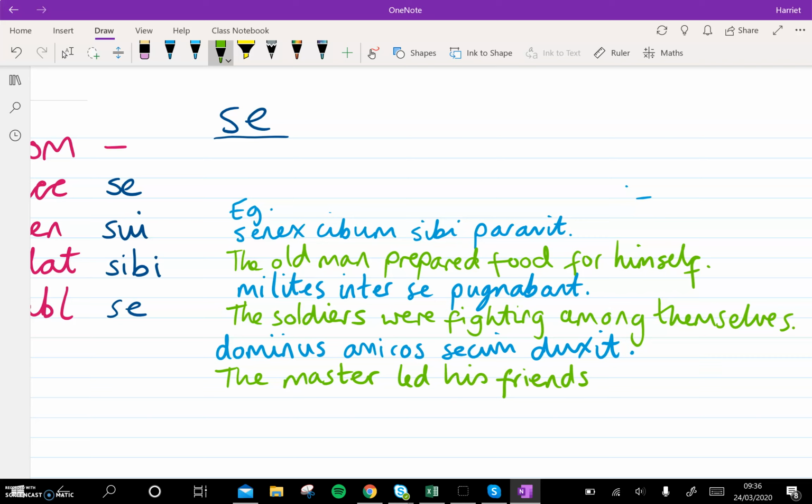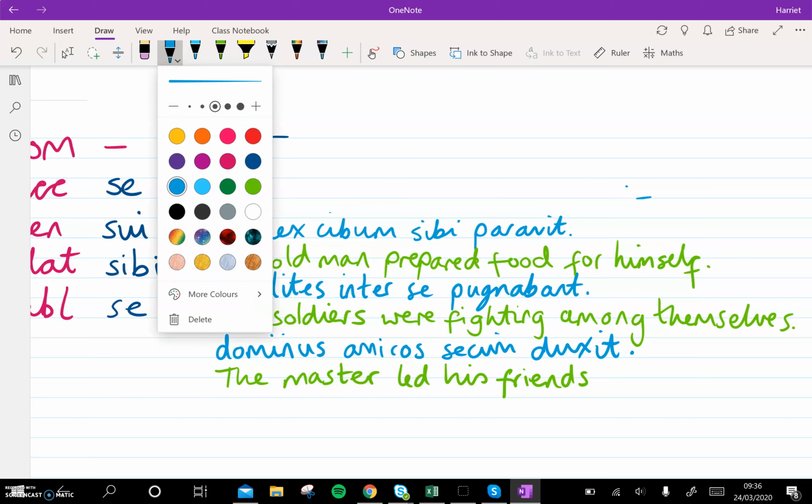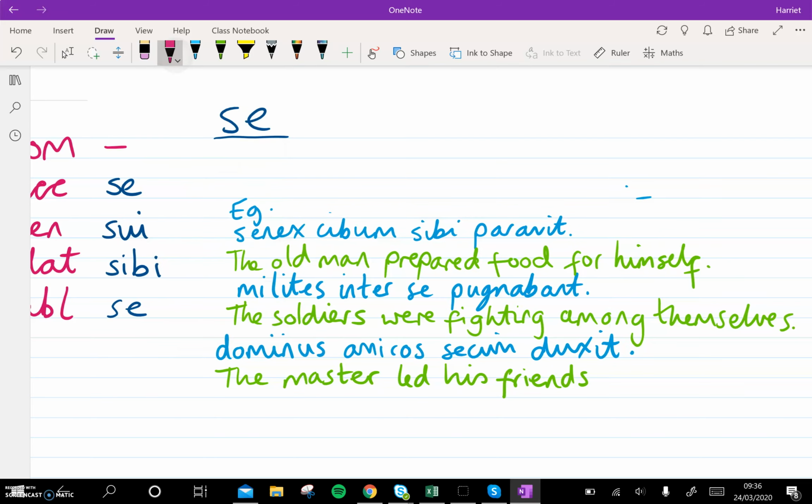Now, secum, do you remember how when we have with me or with you, instead of saying, for example, cum te or cum me, they become tecum and mecum.